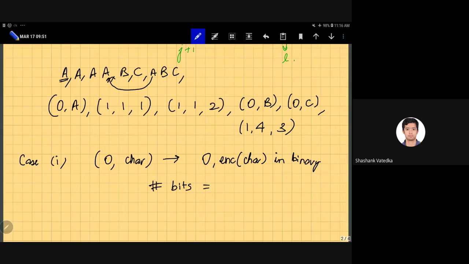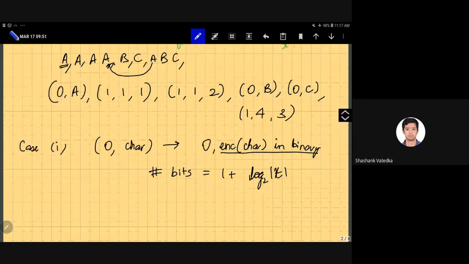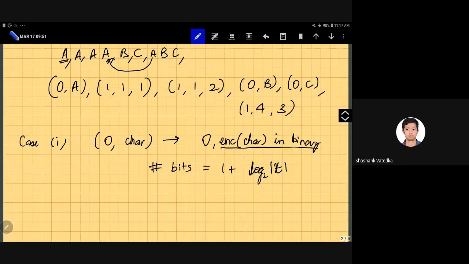Well, it depends on the size of the character, right? So it would be 1 plus log cardinality of x. If it's an ASCII character, then yes, it would be 1 plus 8, which is 9 bits. But in general, this would be 1 plus log cardinality of x. Okay, so this is fine. It doesn't seem to be too much.